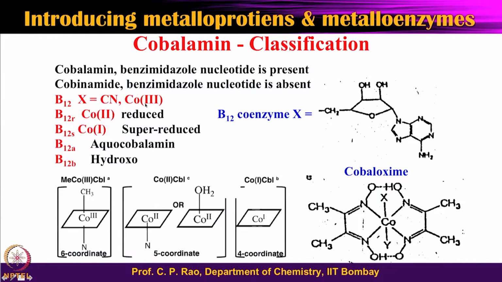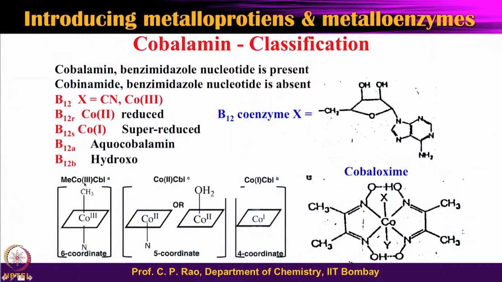This bond can change depending upon the X that you have, and you can see the cobalt 3 with a perfect normal binding, 6 coordinate, the cobalt 2 with 5 coordinate, where one of these is broken. Cobalt 1, both of them are broken because a very strongly electron-dense center binds that. So, 6 coordinated, 5 coordinated and 4 coordinated.